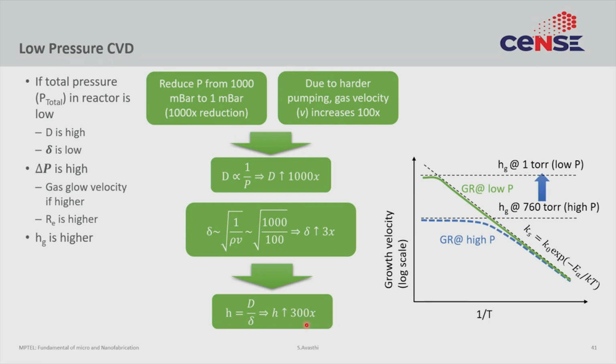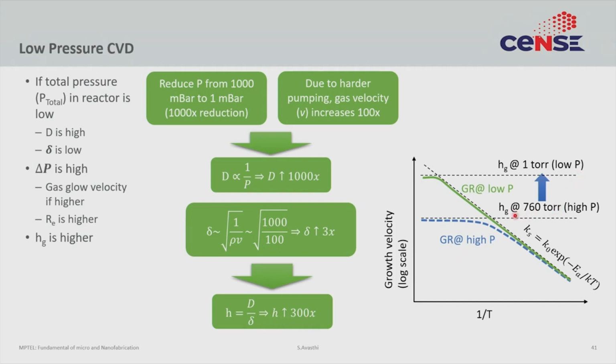So, interestingly enough, your diffusion is now 300 times faster because your pressure has become so much lower, and the higher diffusion coefficient means a higher Henry's coefficient.